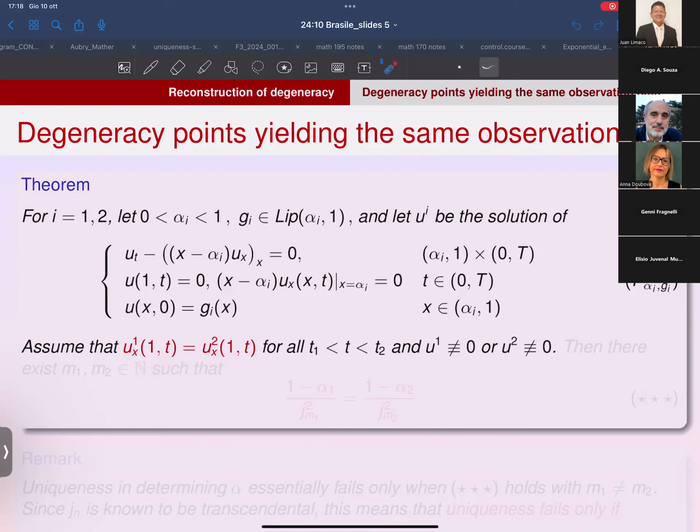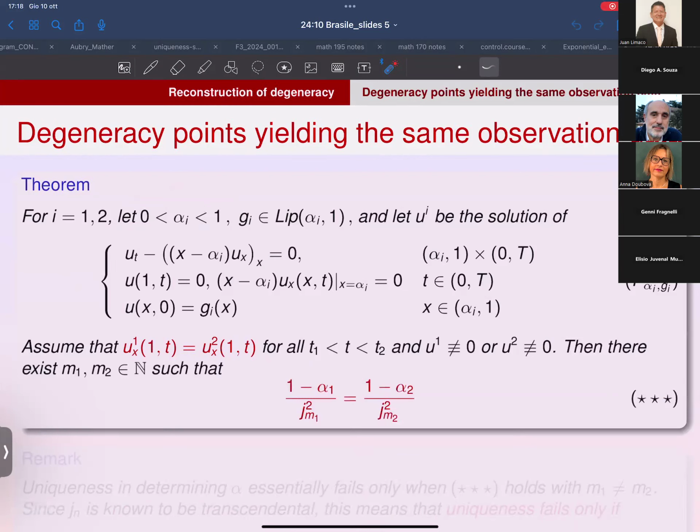Then, either you are in a situation where, under extra assumption, you ensure that alpha 1 and alpha 2 are the same, and G1 and G2, for example. You remember, we had to assume these conditions on the Fourier coefficients, otherwise they may be different.